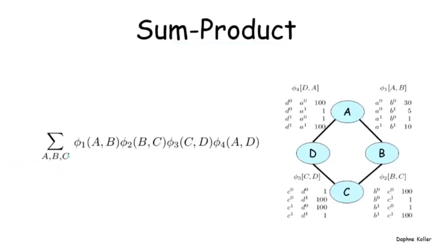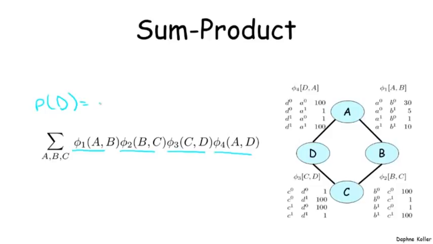The inference problem for Markov networks takes exactly the same form. So here we have, once again, a product of factors. In this case, the factors are the form in which the network is originally defined. So we have the factors phi1 over AB, phi2, phi3, and phi4. And if we're interested in computing the probability P of D, then once again, we need to compute the product of these factors and then marginalize out.